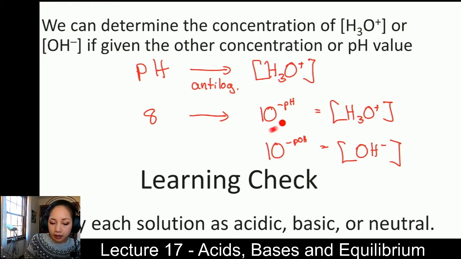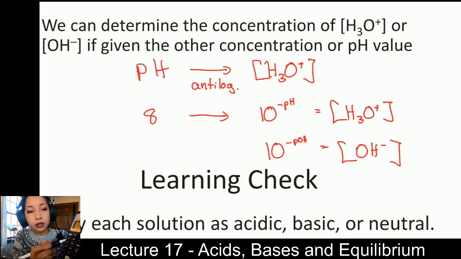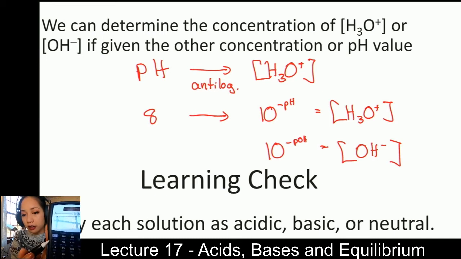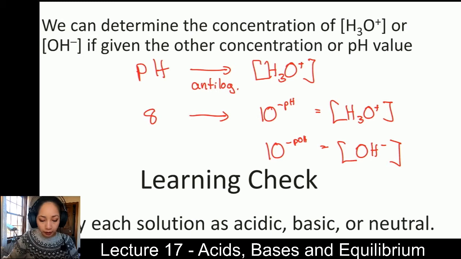So this is how you take the anti-log. I also think anti-log is on your calculator as well. On this calculator, you see we have our log base 10 button, and if you do shift on that same button, the shift value is 10 to the. So that's essentially your anti-logarithm.